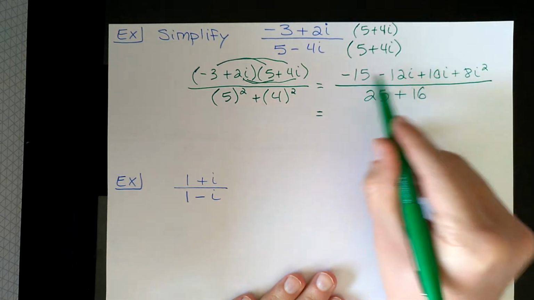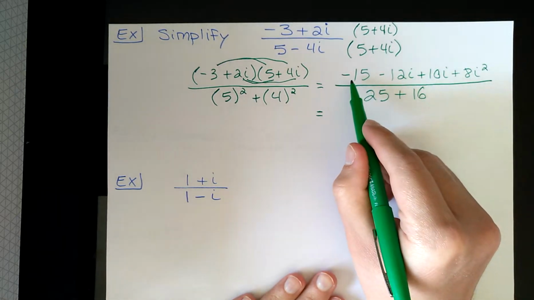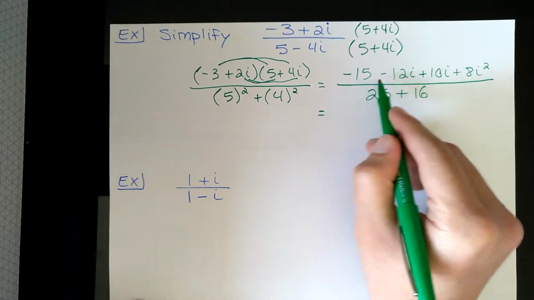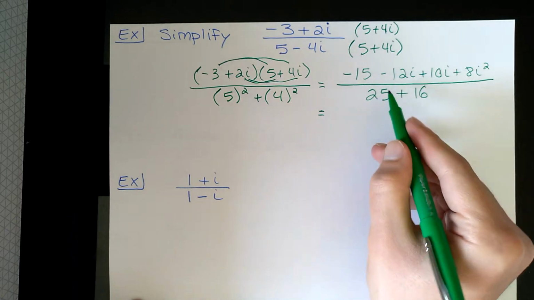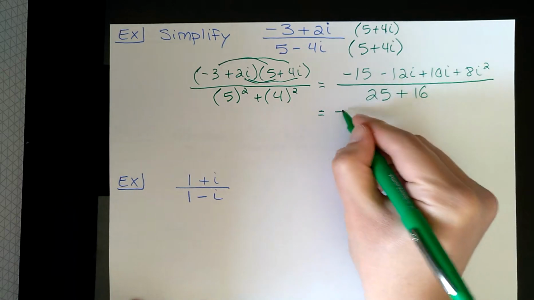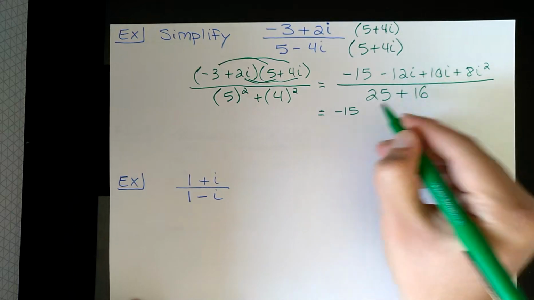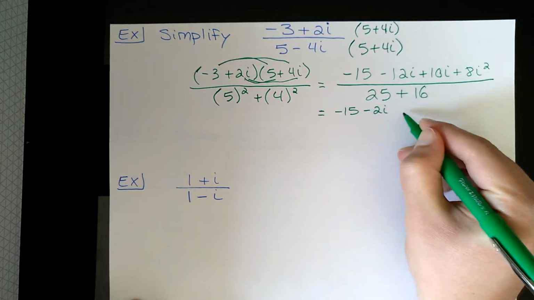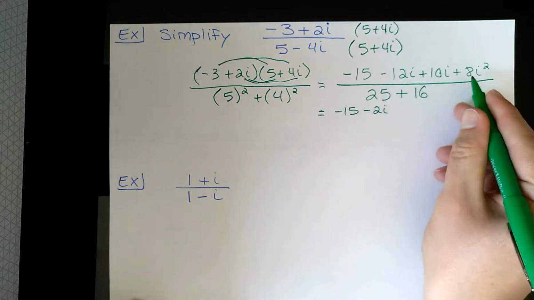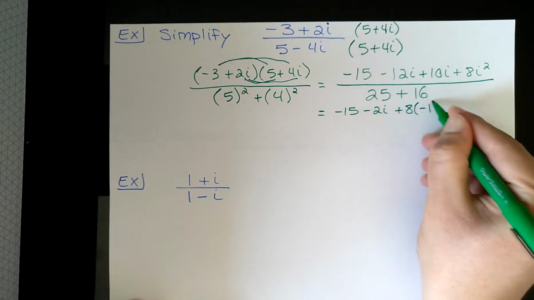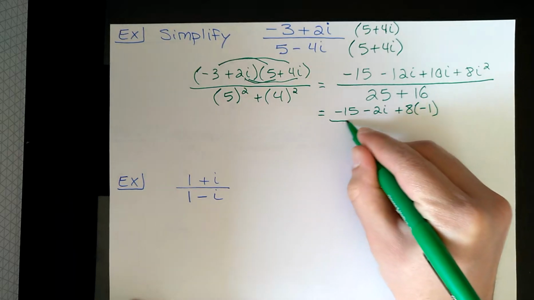Now we'll start combining like terms. We have negative 15 doesn't have a like term right now, so we'll just copy it back down. Negative 12i plus 10i gives us minus 2i. Plus 8 times i squared is going to become 8 times negative 1.